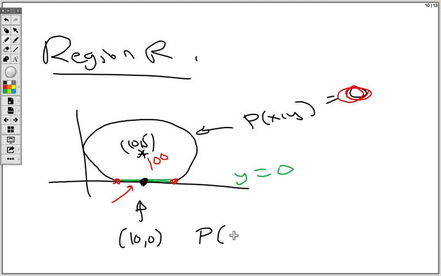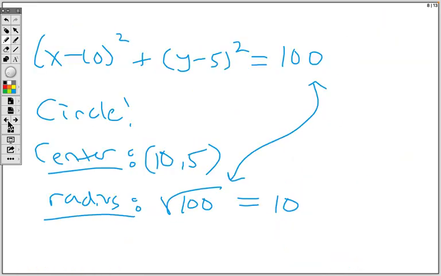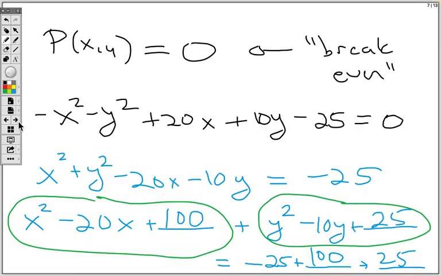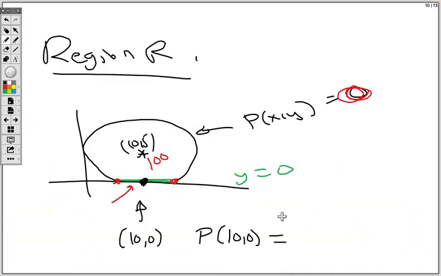And so we could find p of 10, 0 to see what that looks like. So y is 0, so it'd be just negative 100 plus 200 minus 25. So that would get us to 75.